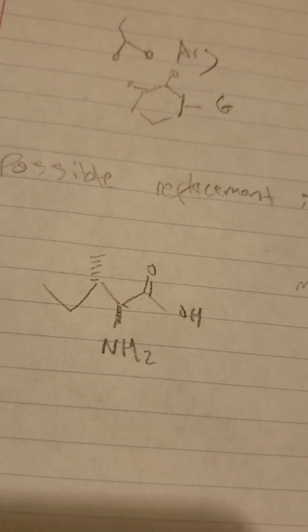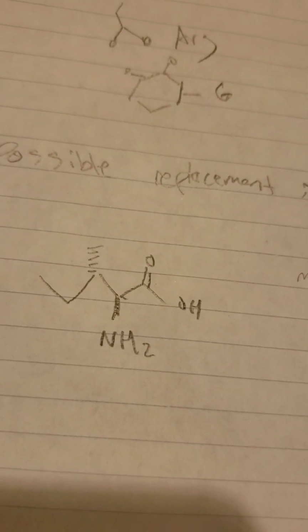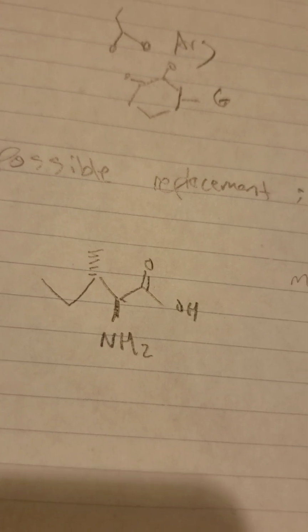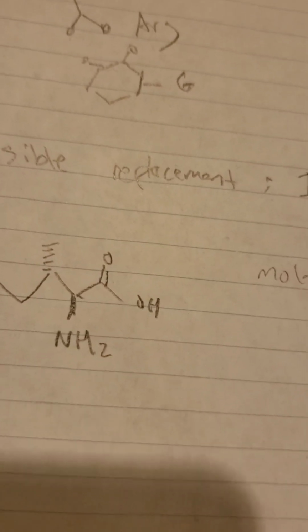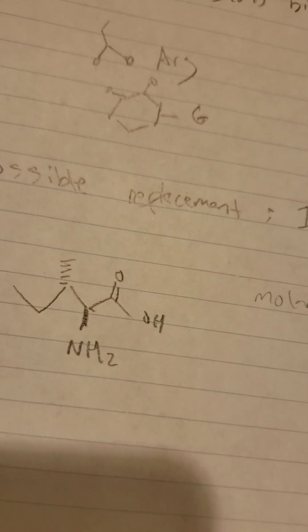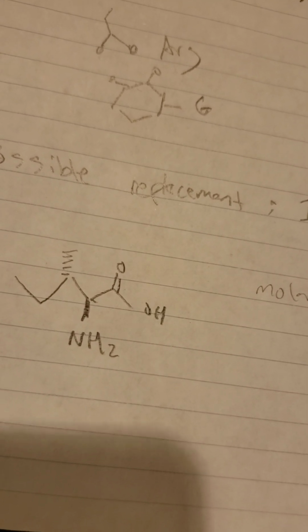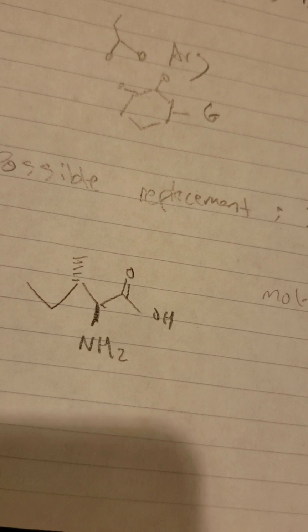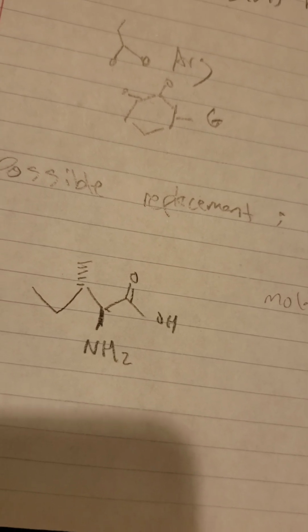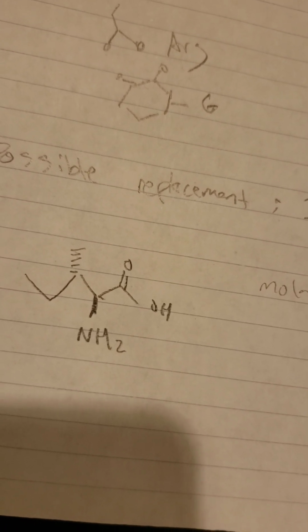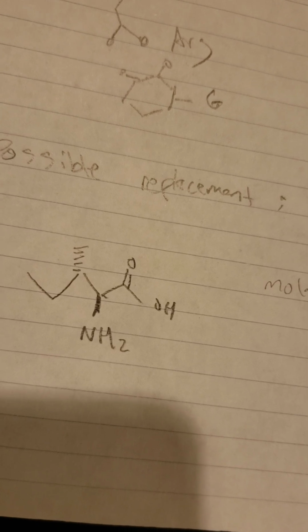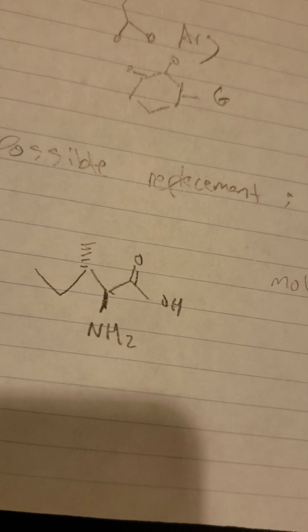I've drawn out the model of isoleucine, the structure. It could help maintain the same hydrophobic environment as leucine. The R groups are basically isomers of each other.